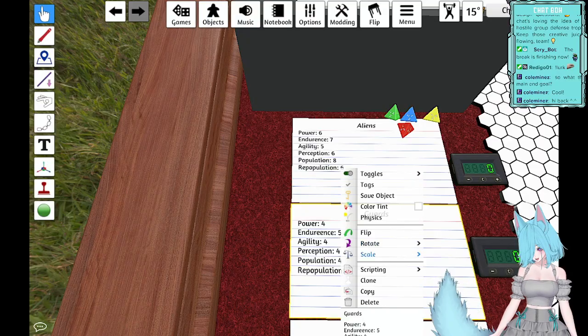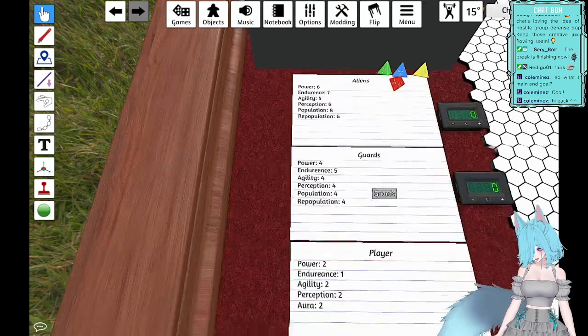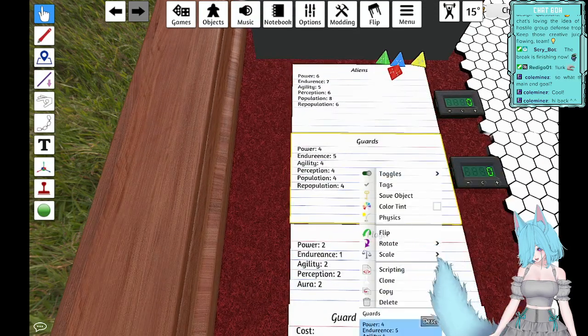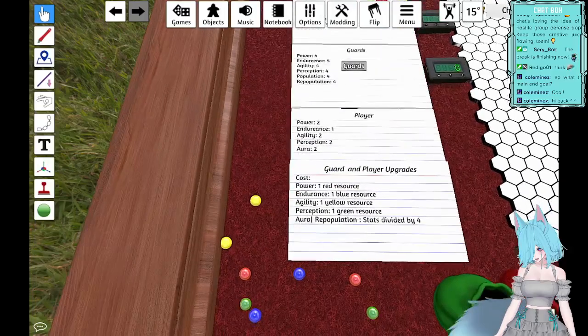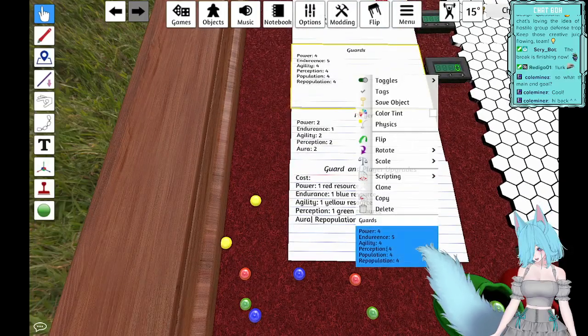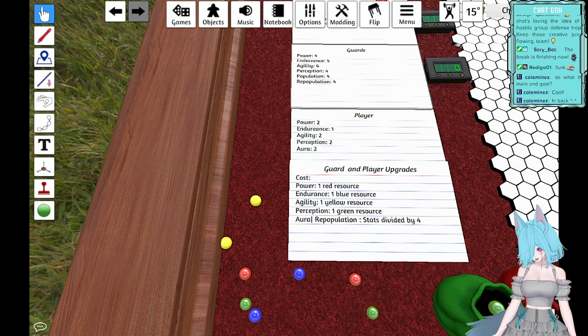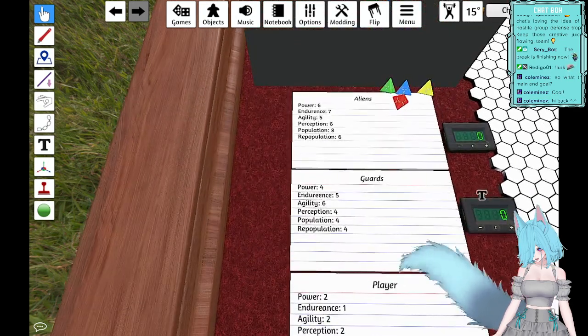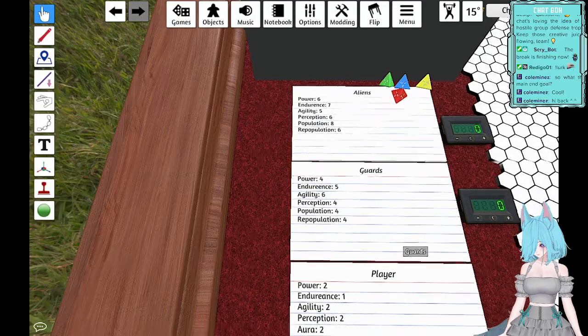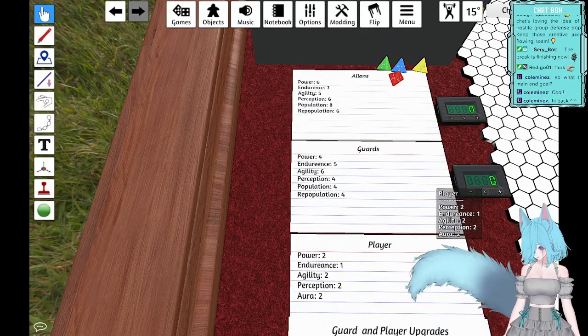Gonna give that to the guards. I would love to have that to agility, but we can't have that luxury. So, that's going to be a kill.